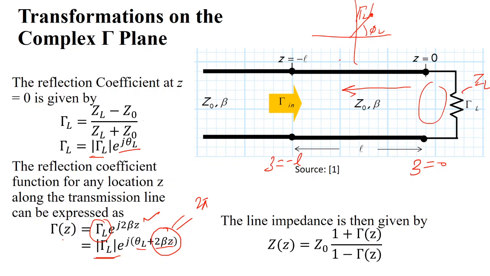We have already seen that if z is changed by lambda by 2, so if you move by lambda by 2 distance from here, this 2 beta z will change by 2 pi. It means with lambda by 2 movement the phase will change and come back to its original point. So the whole circle will be completed by moving lambda by 2 distance.